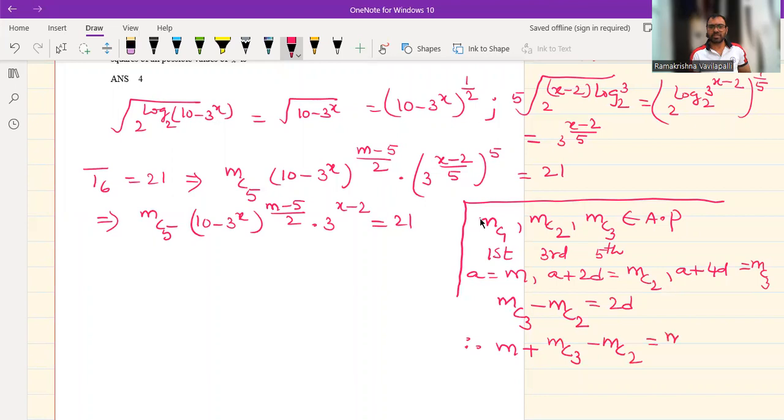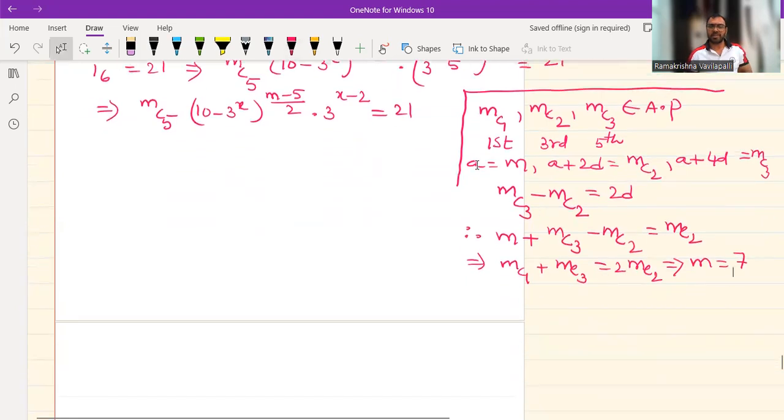Directly we can write that if a, b, c are in AP, then 2b equal to a plus c. So here mC1 plus mC3 equal to 2 times mC2. After simplification, you will get the m value as 7.